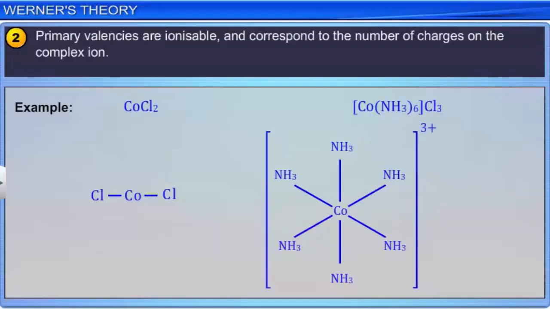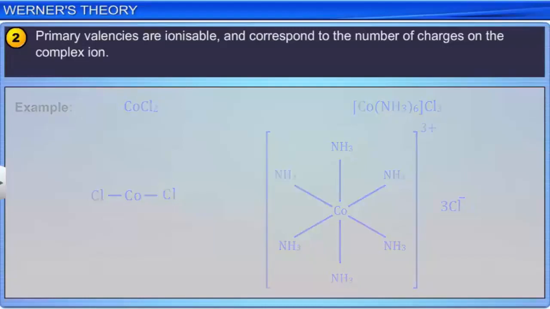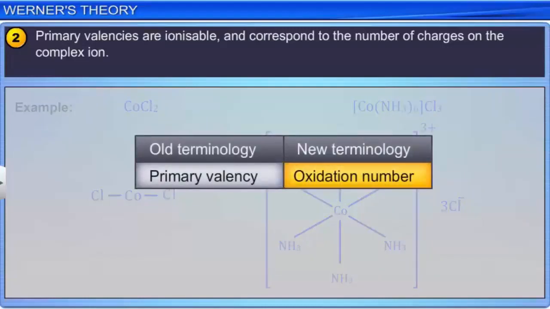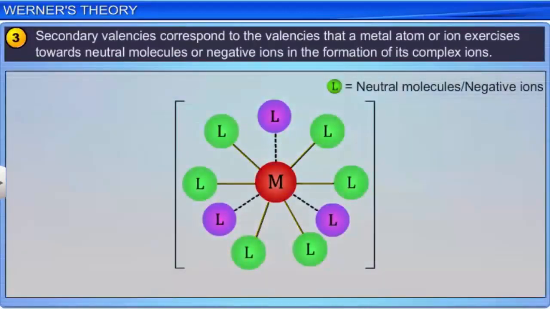The third postulate is that secondary valencies correspond to the valencies that a metal atom or ion exercises towards neutral molecules or negative ions in the formation of its complex ions. Every metal has a fixed number of secondary valencies or coordination number. For example, Co3+, Pt4+, and Fe3+ ions are recognized to have a coordination number of 6.